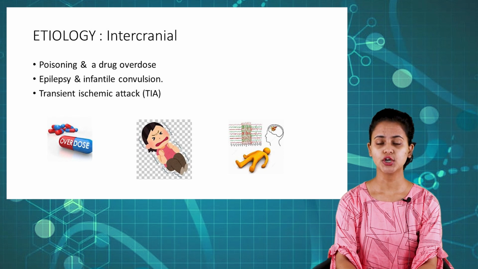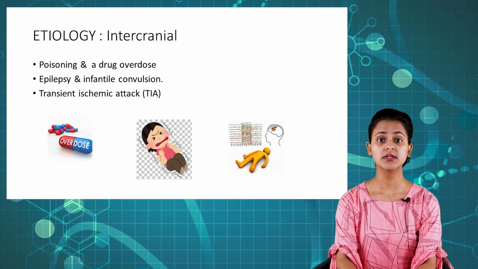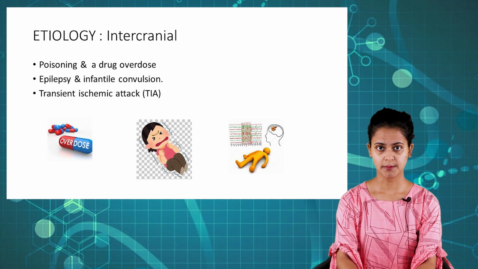Transient ischemic stroke also is considered a very common risk factor for the development of a state of unconsciousness. Poisoning and drug overdosage: certain drugs, even the side effects of anesthesia, sometimes can lead to the development of unconsciousness for a client.